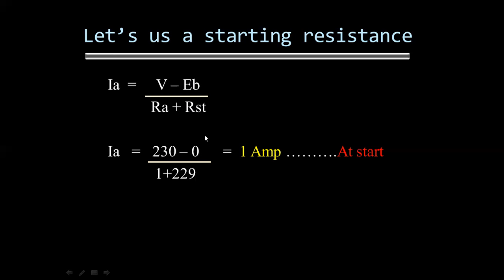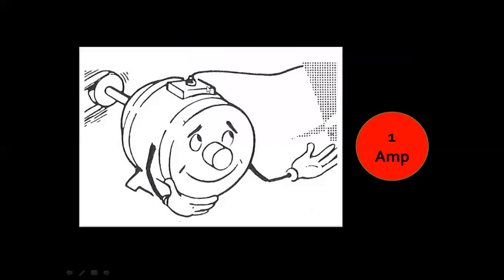Since the motor has gathered speed, as we know back EMF depends on speed, the back EMF magnitude will be increased, and this current value will be controlled by the back EMF. So with the starting resistance, the motor takes a safe current of 1 ampere and it can operate in good conditions. It will start delivering useful output. Speed will increase, back EMF will increase, and starting current will be controlled by back EMF.